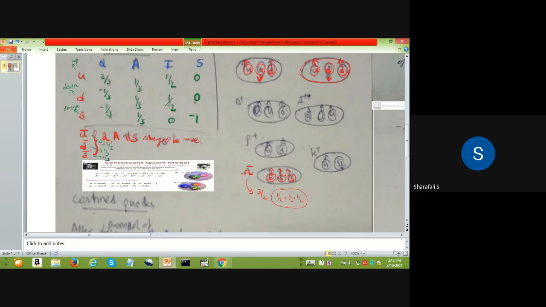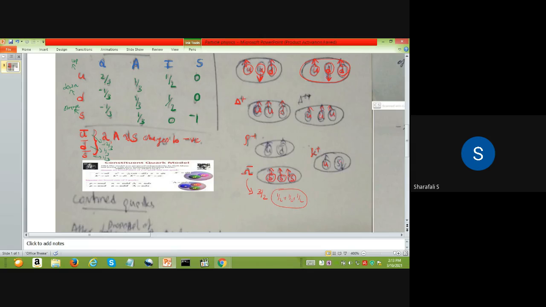Other examples you can see from here: the delta plus particle, another baryon, has up and down quarks with the spin in this direction. You can see here we also have three up quarks with up directions. If you consider the rho plus, or the K plus, we have only two quarks.